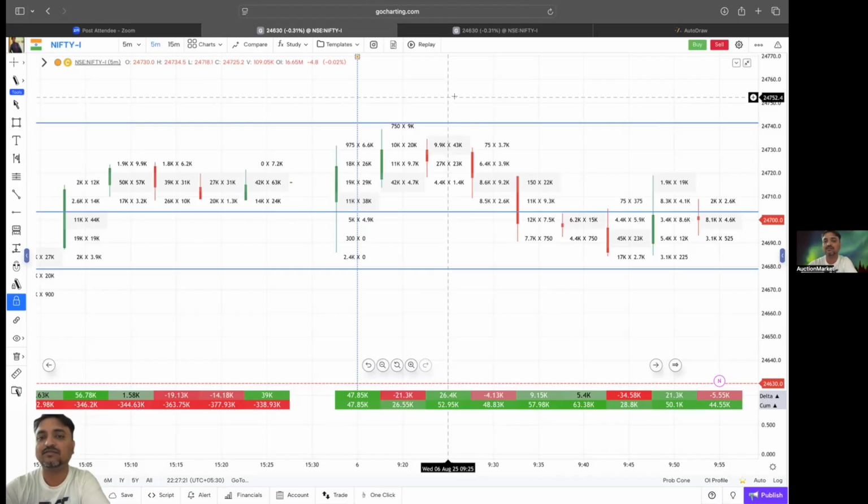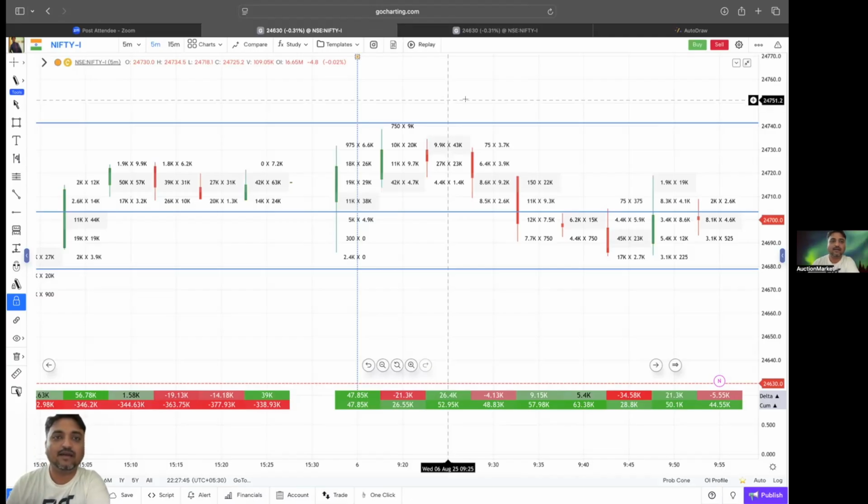So whoever bids for the higher price, he wins. The similar happens in the market as well. So we need to understand at what particular price who is strong and who is weak, and who is trying to balance the market for that particular price.